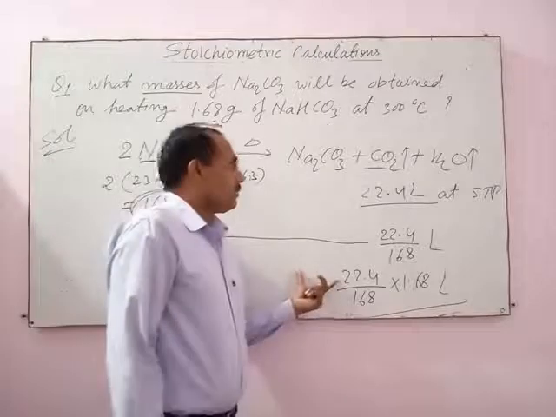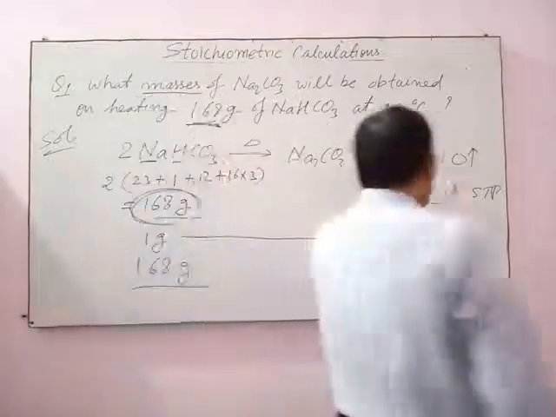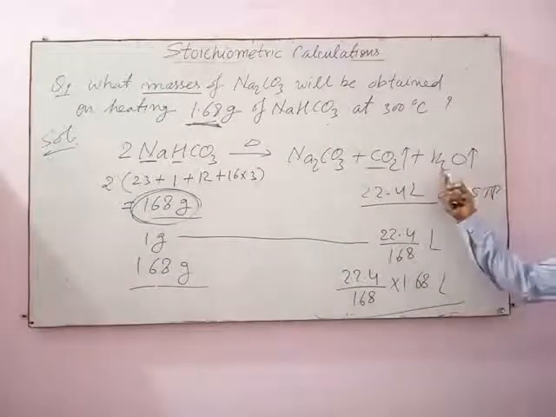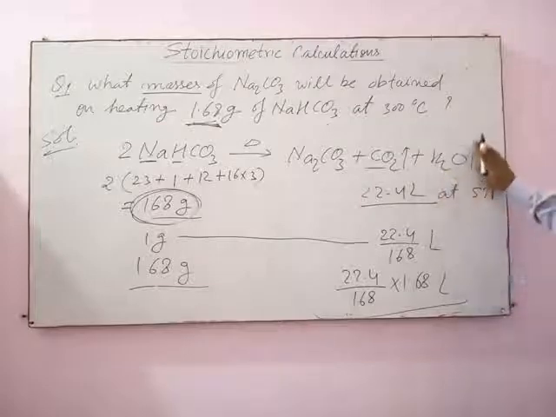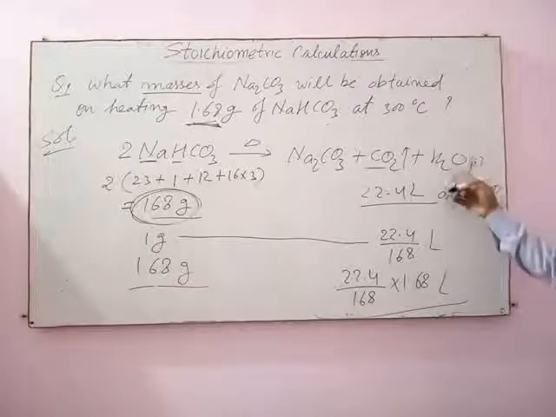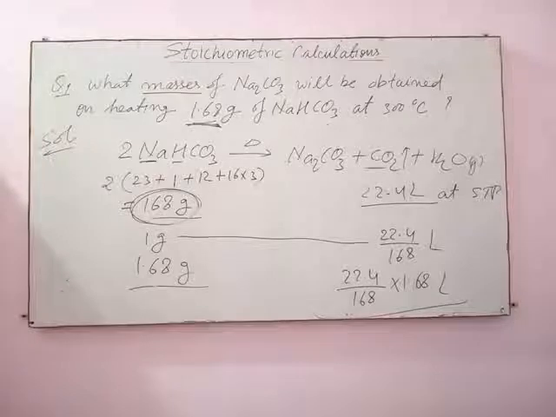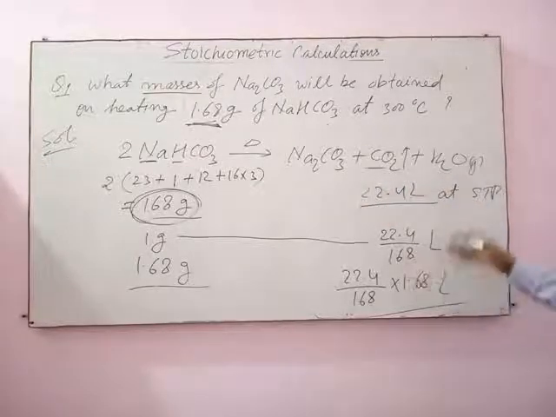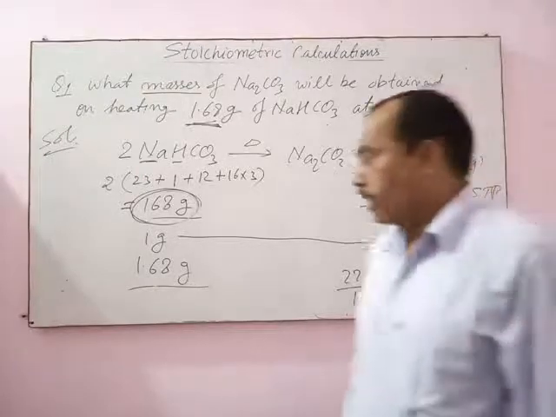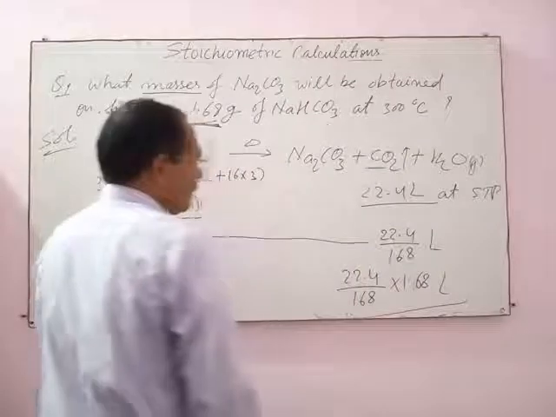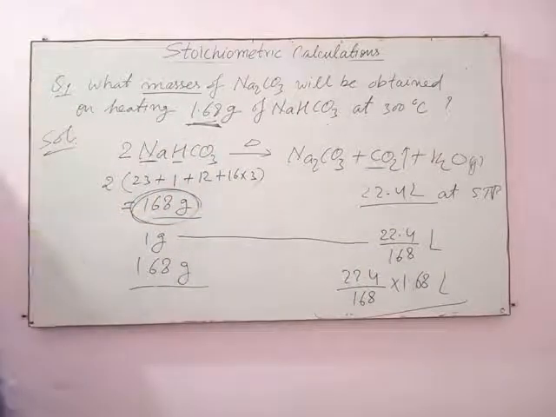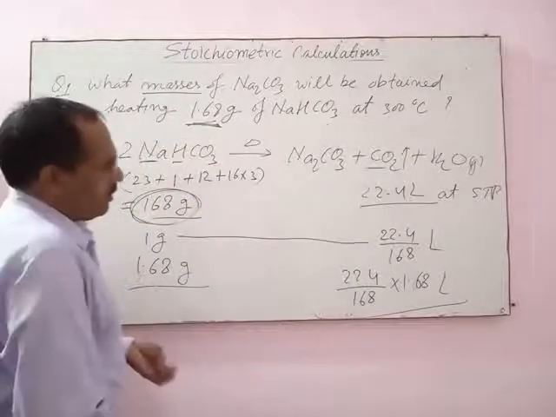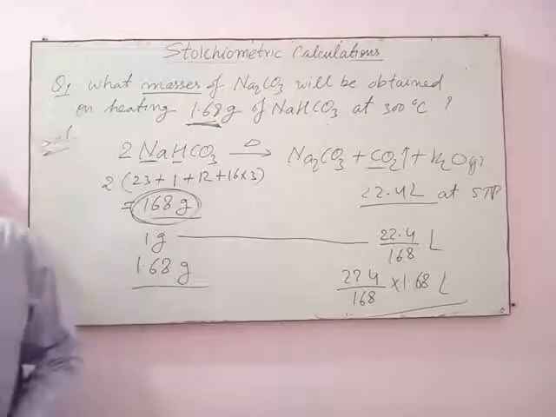In the same way, you can calculate the volume of H2O gas. If the H2O is evolved in the form of gas, then with the help of this equation, one can calculate the volume of water vapor or steam or water gas. Now take some other examples.